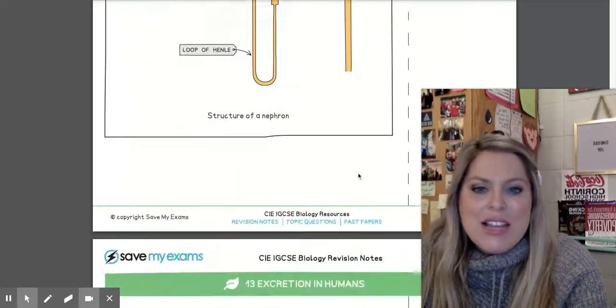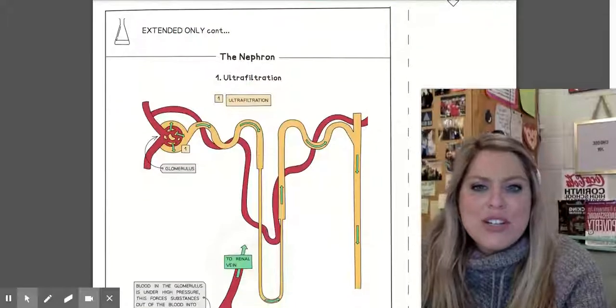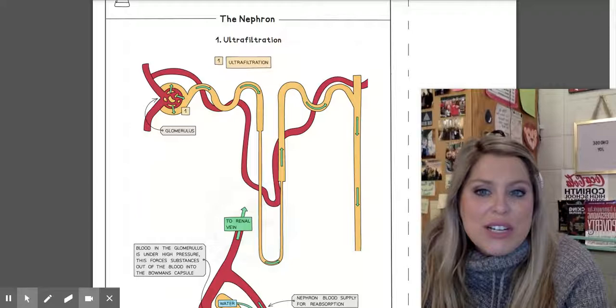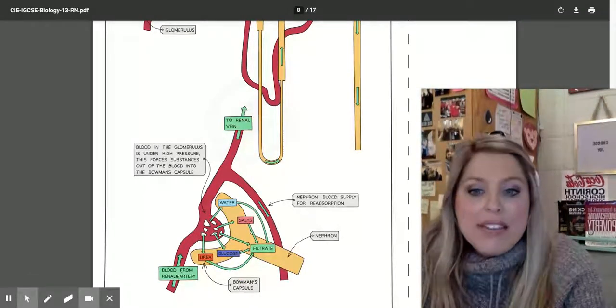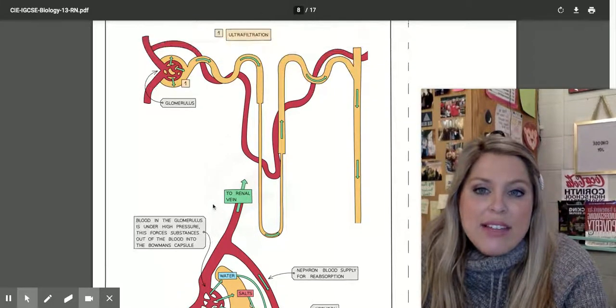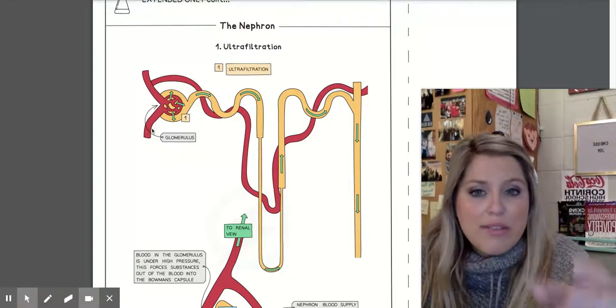Let's see what's going on inside of that structure as far as filtration is occurring. We call this ultrafiltration. If you notice, we've got blood from the renal artery coming in, depicted with these little green arrows. This blood has all of your waste products.